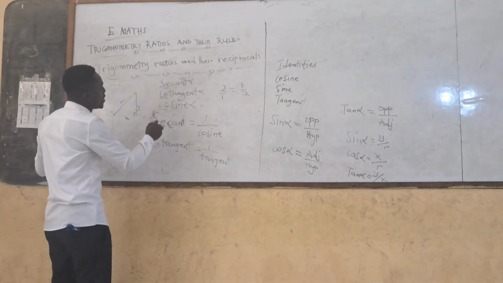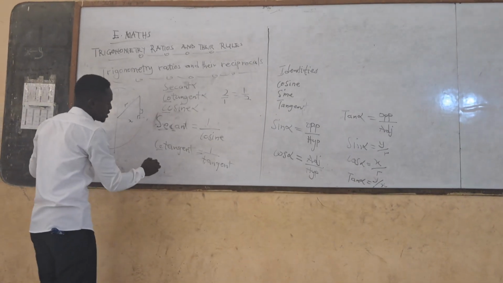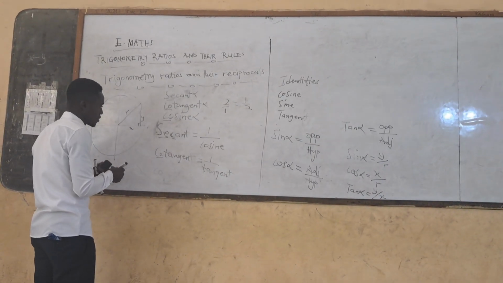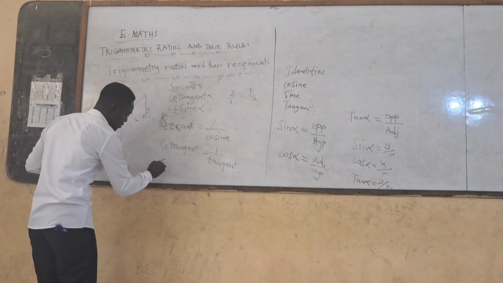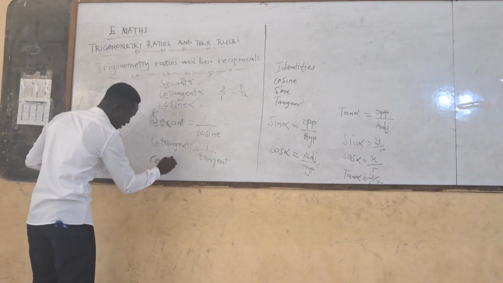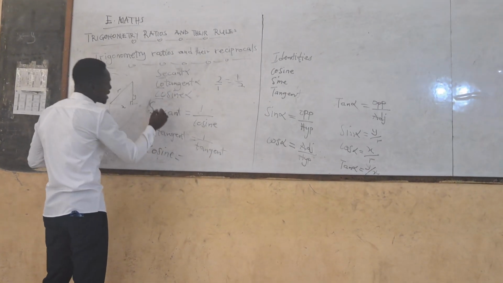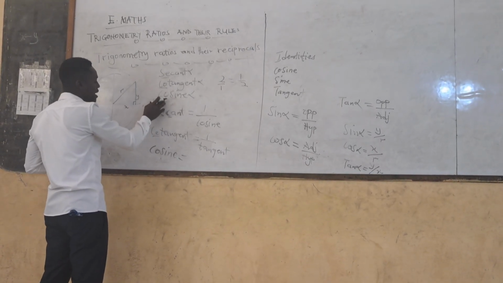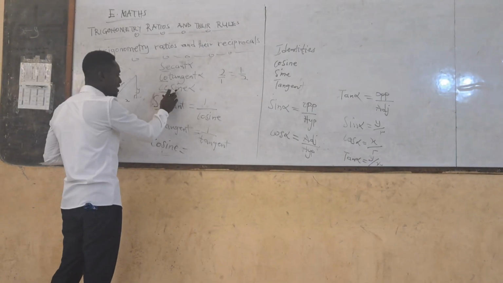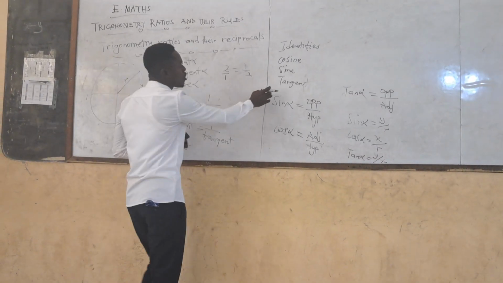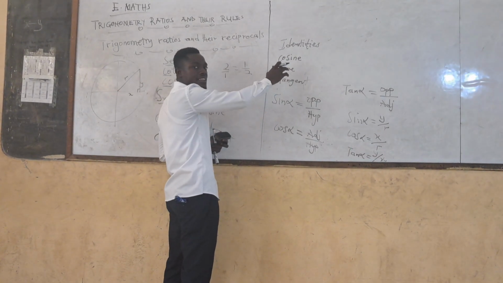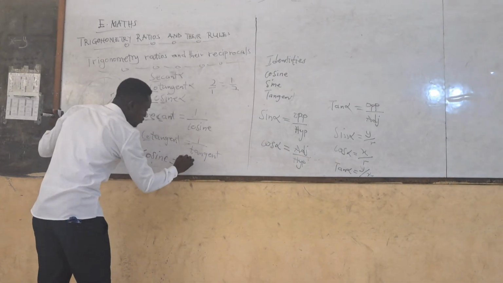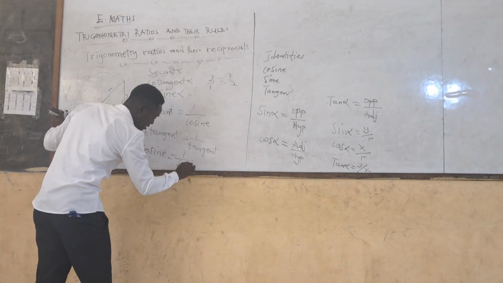Then, if I take the next one, which is cosecant, I analyze the first two letters, then consider the third letter, which is S. Then I check which of the first three identities starts with S, which is sine. So this becomes 1 over sine.